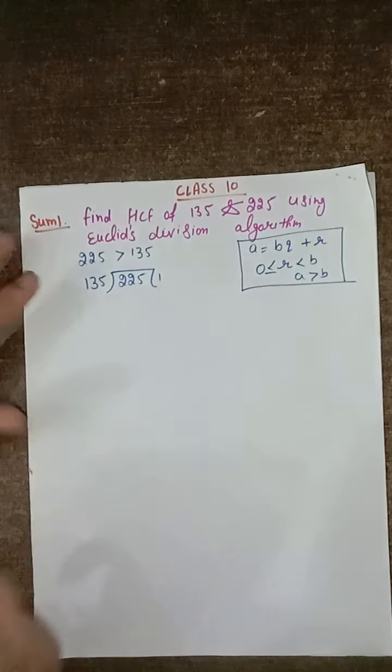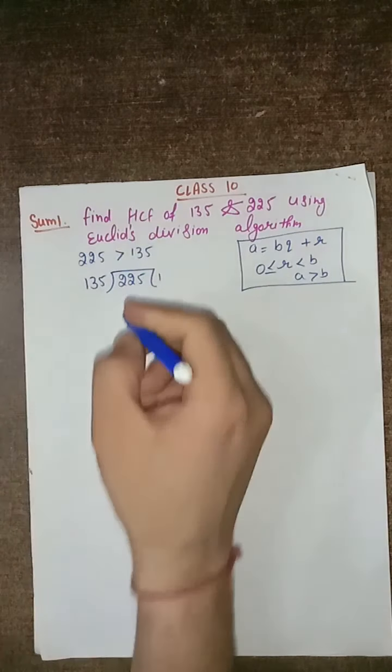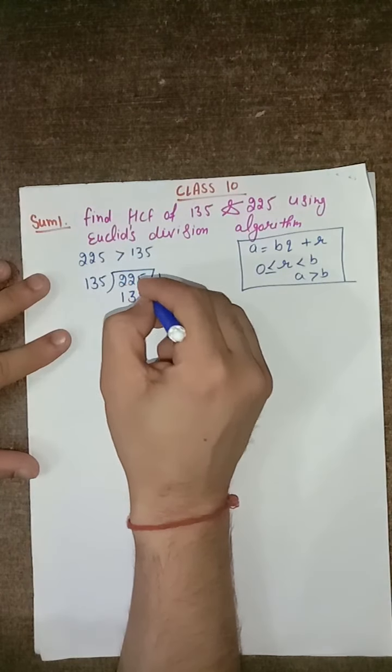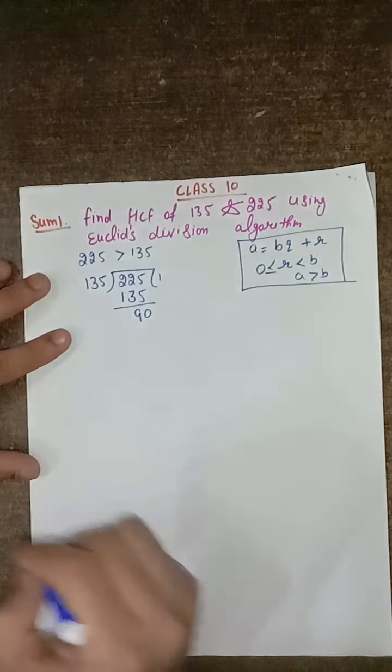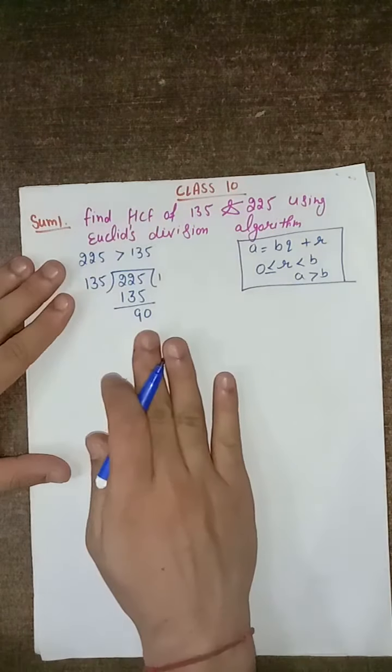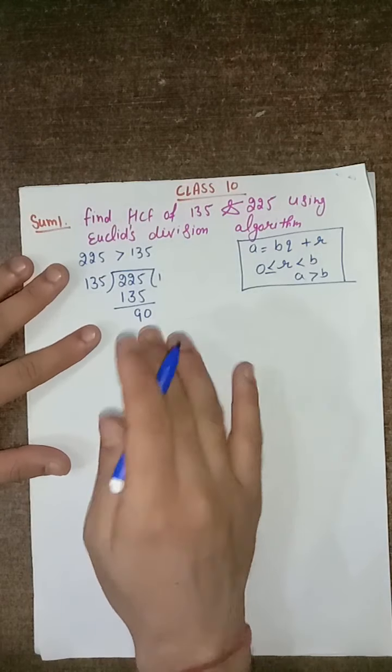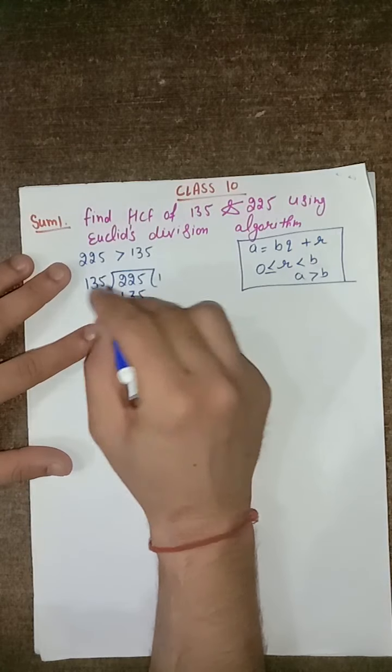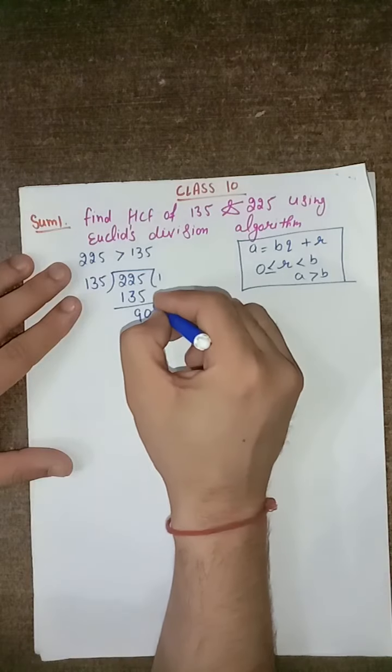Divide this, and we get quotient 1 and 90 as a remainder. And we know that we will follow the steps until we get the remainder 0.